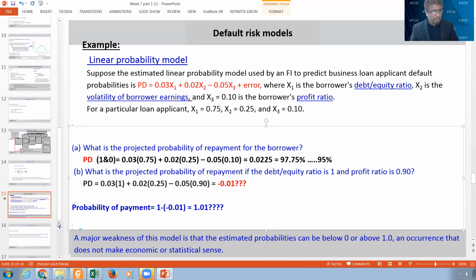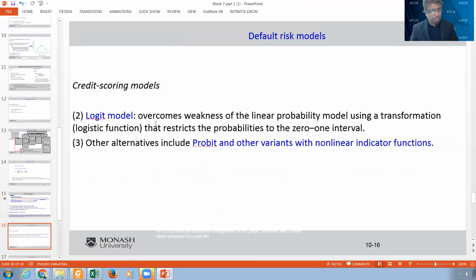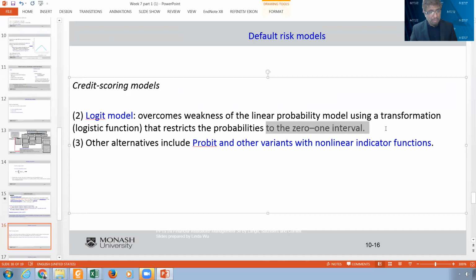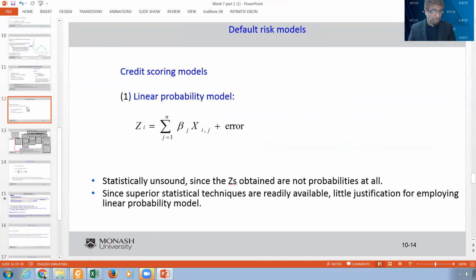So the logit model comes over the weaknesses of the probability model. And as I told you, it keeps it between the 0 and 1 interval. So in the calculation, we will not have anything less than 0, and we will not have things like minus, and we will not have anything more than 1. So the logit model is just a treatment for this model, by limiting the values of the probability model, and this is a statistical issue, you don't have to worry about it.